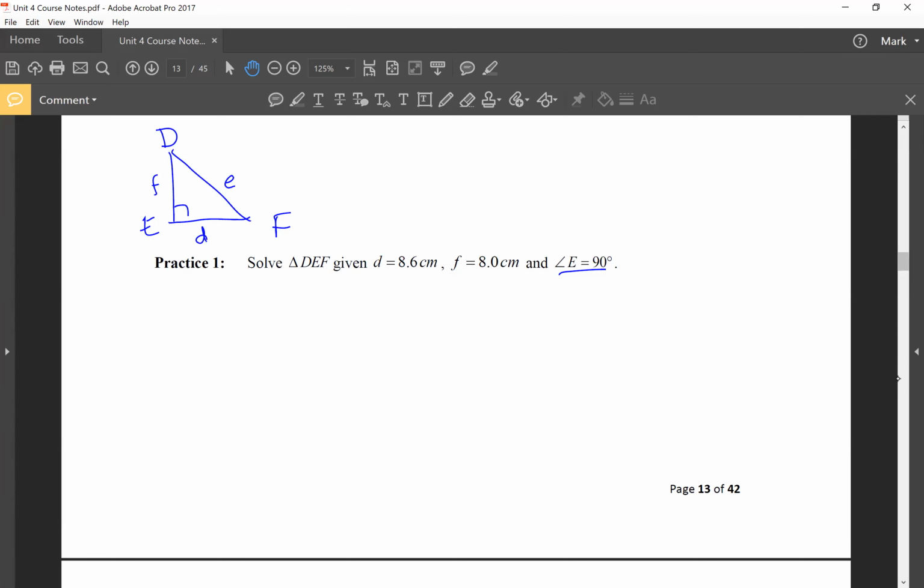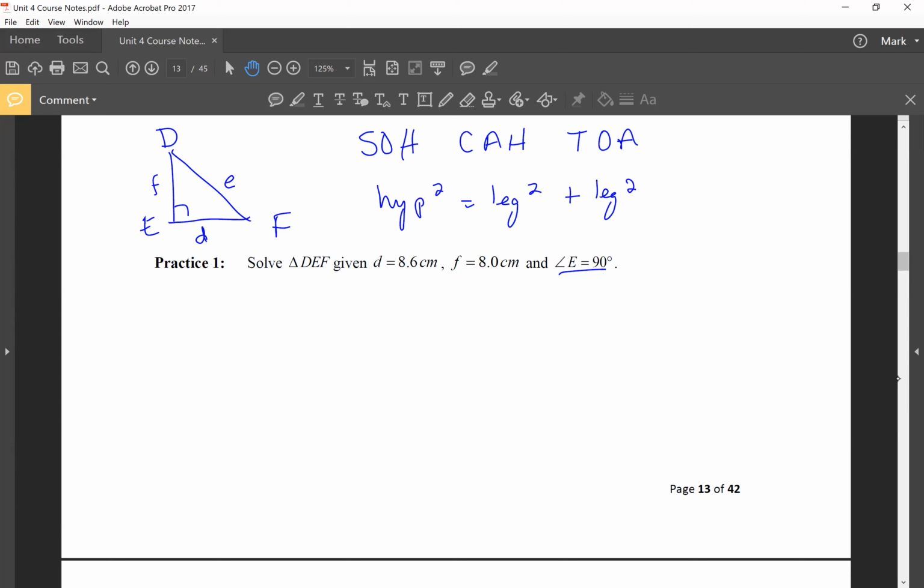Okay, this is a good one. You guys get a good one. So remember my formulas. There's basically 2 formulas you need to know: this whole SOH CAH TOA business, and that the hypotenuse squared is equal to one of the legs squared plus the other leg squared.